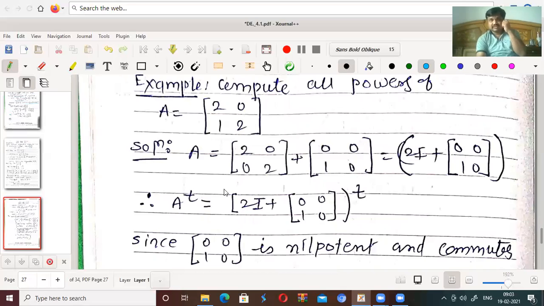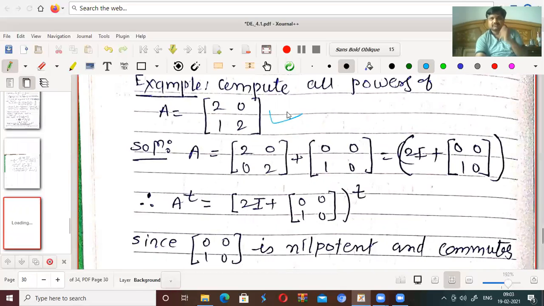There is even one example where we need not worry about the Putzer algorithm. Compute all powers of A, where A is the matrix 2, 0, 1, 2 written as 2, 0, 0, 2 plus 0, 0, 1, 0. That is 2I plus 0, 0, 1, 0.